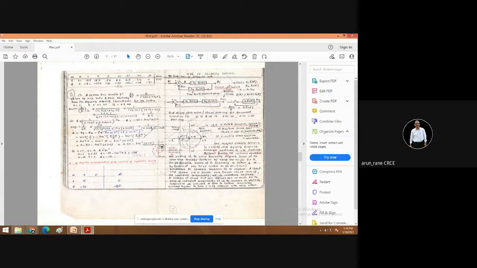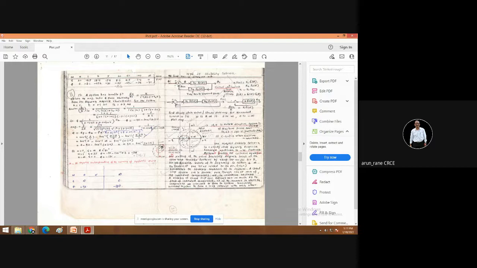And if minus 1 comma 0 is within the diagram, the first case was minus 1 comma 0 outside the diagram, that means the plot was inside. Now the plot is outside and the point is inside.